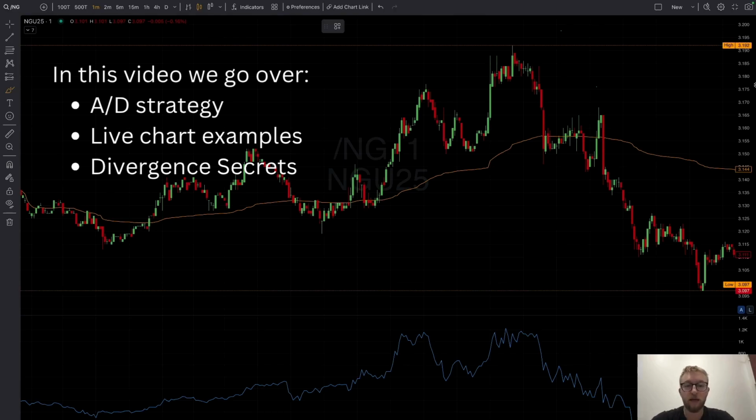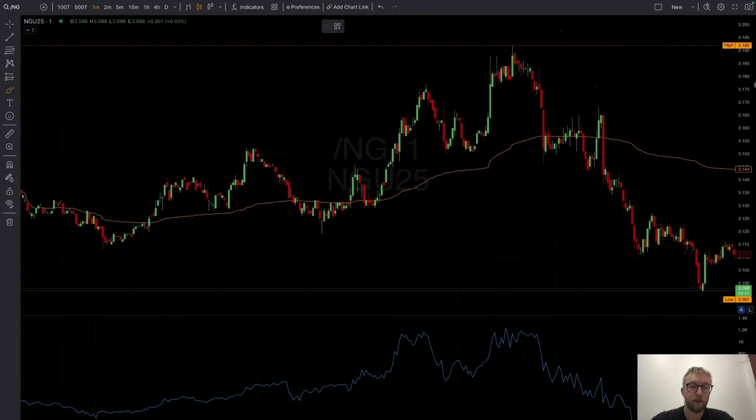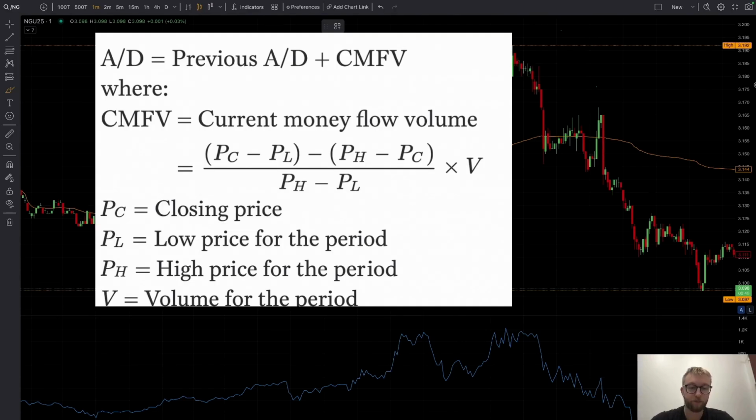So let's get into the guts of the accumulation distribution indicator so that you understand exactly what it's really measuring. Here's the math formula. What this means is this indicator shows how much buying or selling pressure exists in each candle. If the close of the candle is near the high and volume is strong, that means there's buying accumulation.